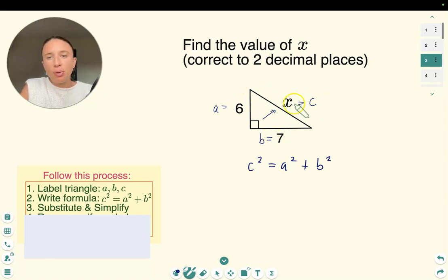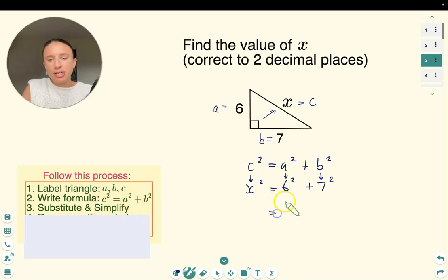We have the hypotenuse, which is x, so I'm just writing it directly in place of C. A, which is 6, so 6 squared plus B squared, so 7 squared. You're just replacing the variables, those letters, with the numbers in the diagram.